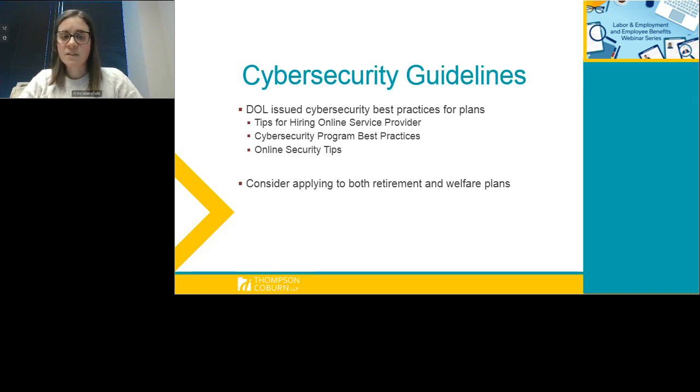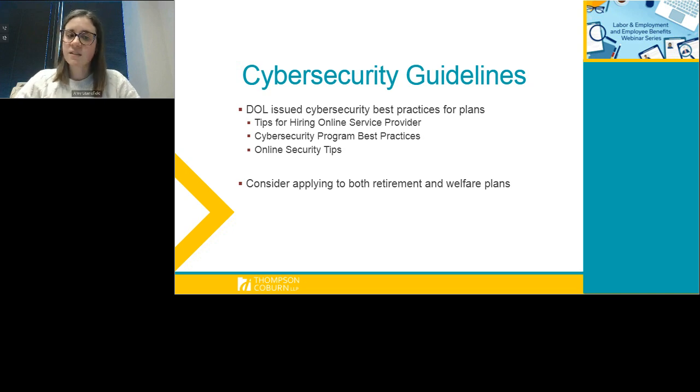The DOL did issue cybersecurity best practices for plans and fiduciaries. These came out in sort of three sets of tips and best practices. So one is tips for hiring an online service provider. One is a set of cybersecurity program best practices.